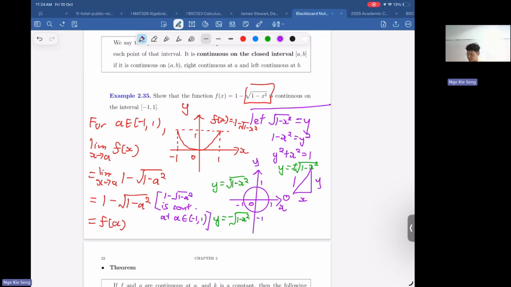Is everyone happy with this continuity or not? Or do you have a question? Any question on this continuity?